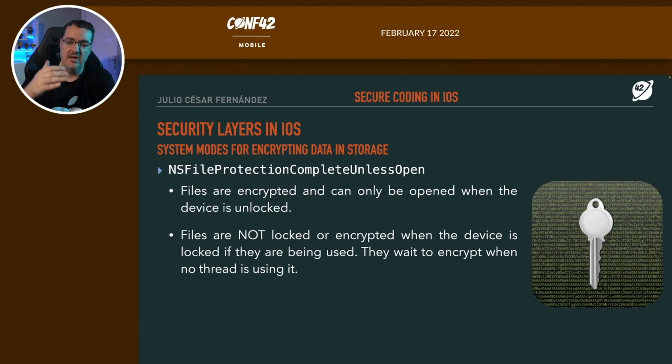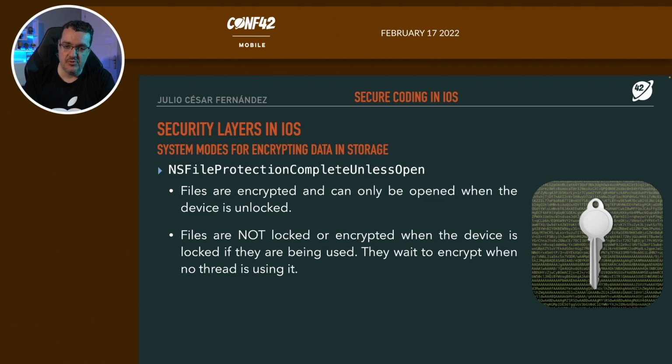Imagine you have a background process and you lock the device. Well, if you lock the device and the file is in use, the file is not encrypted unless it's closed, complete unless open, okay?